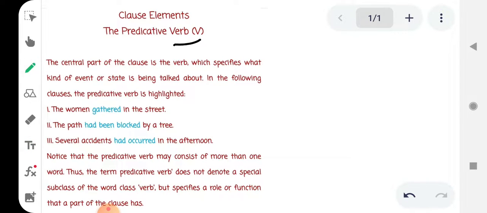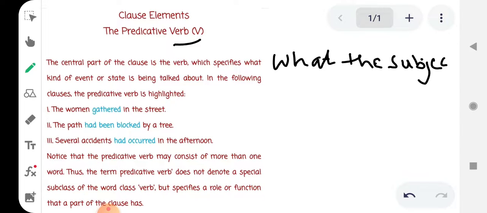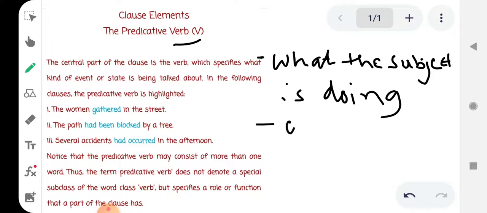The verb is a word that tells us what the subject does, what the subject is doing. First of all, the verb tells us what the subject is doing, or what state the subject is in.